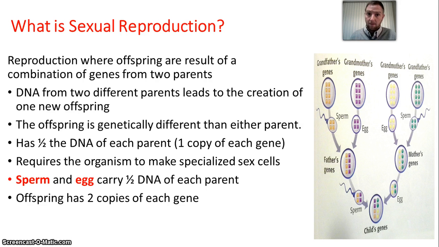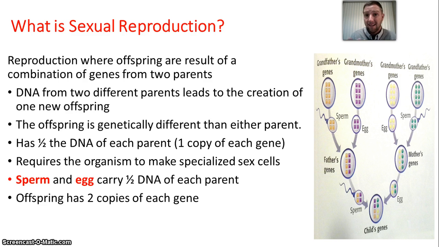Otherwise, the number of genes in the offspring would be twice that of the parent. And that's not good. In terms of development, in terms of all sorts of things, too many genes leads to problems. So you need to have the exact same amount of DNA as either of your parents. The only way to do that when they're both contributing is for each of them to give half.